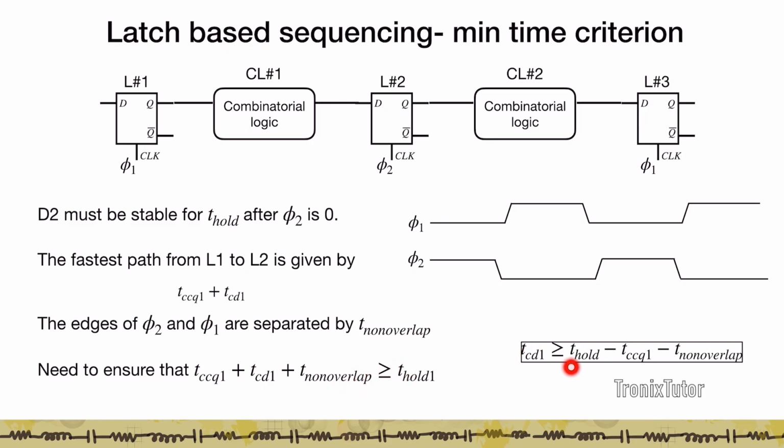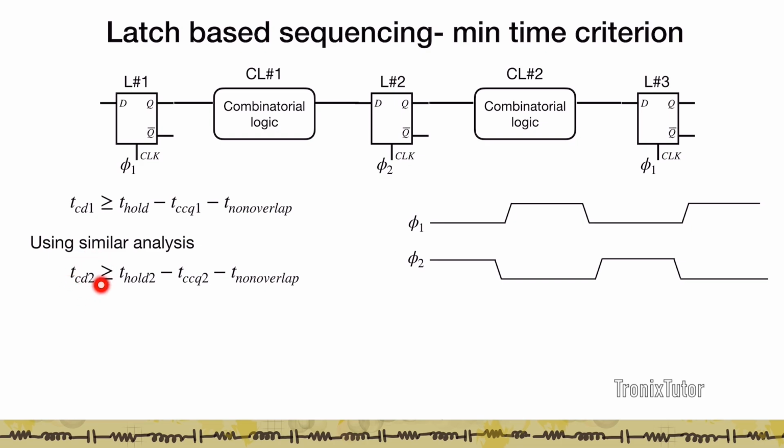That gives you the contamination delay of CD1 should be greater than T hold minus TCCQ1 minus T non-overlap. Here is where the T non-overlap helps, because in a flip-flop, this CD1 was greater than T hold minus some TCCQ. Now because we have this T non-overlap, we can make this quantity less than 0.